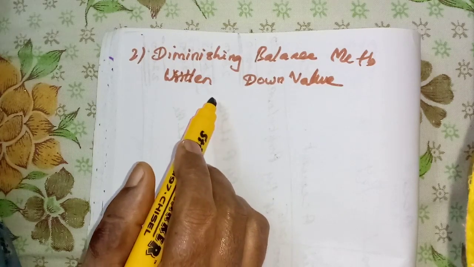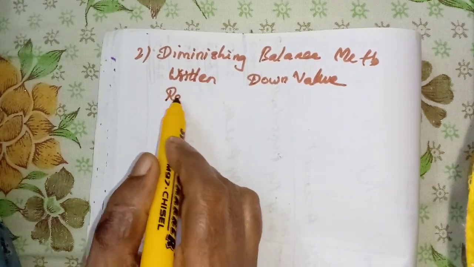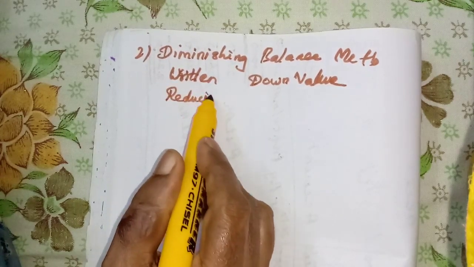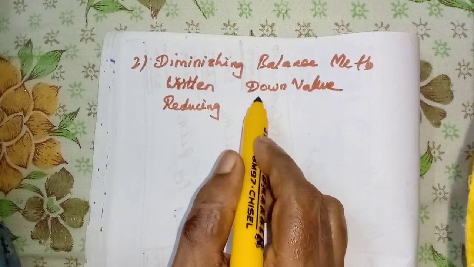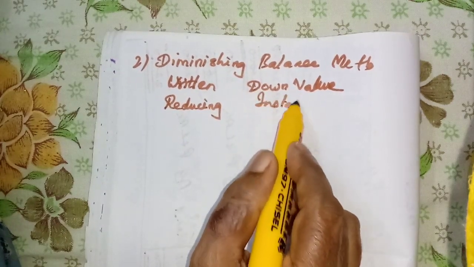Then another one, reducing installment method. They are fixed installment, here reducing installment method.